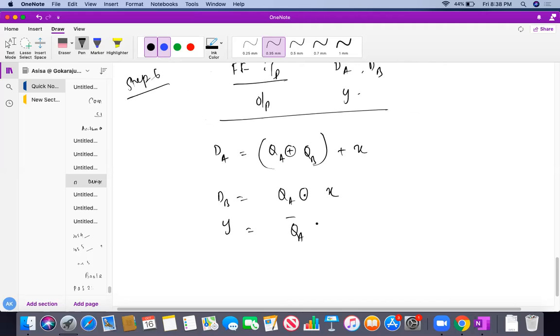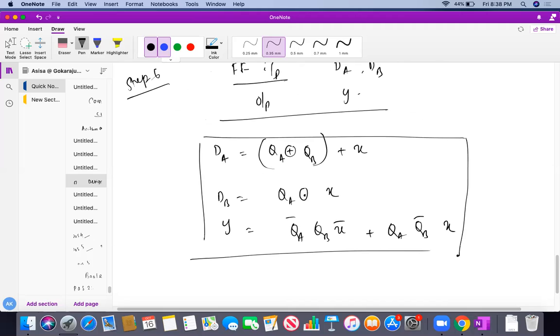I'm just not doing this because you have done many K-map simplifications in the class. So these are my 3 equations. Now you can easily design the digital circuit, the logic design.